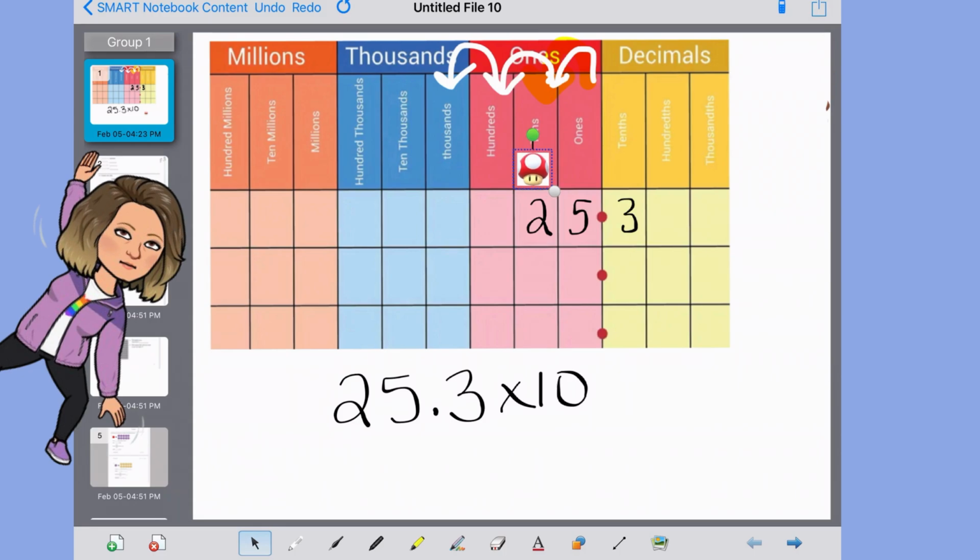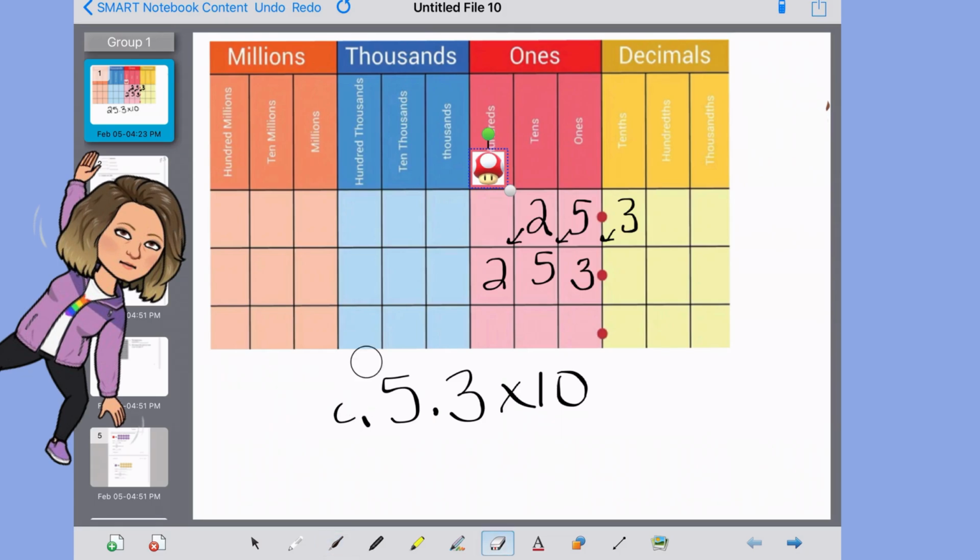So if we have our numbers here and we multiply times 10, I know that each place value is a multiple of 10. So I would go up one place value. All of these numbers also go over that place value. That 2 tens becomes 2 hundreds, 5 tens, and 3 ones, 253.